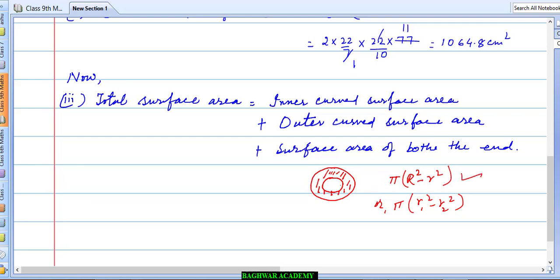A simple rule: the area of this figure will be the area of the bigger circle, pi R square, minus the area of the smaller circle, pi r square. If you subtract, you get pi in bracket R square minus r square. This formula can be applied, so just put the values and we will find out.